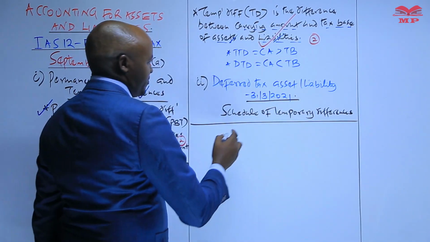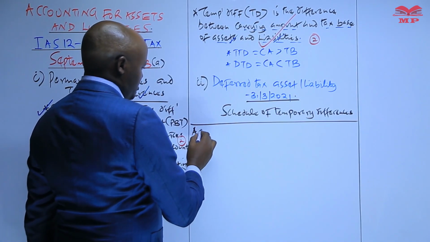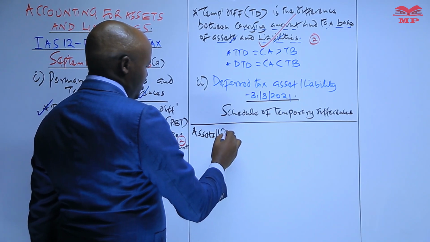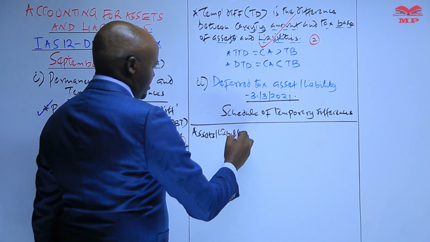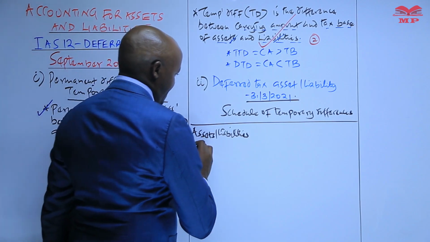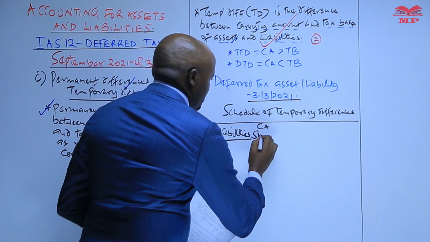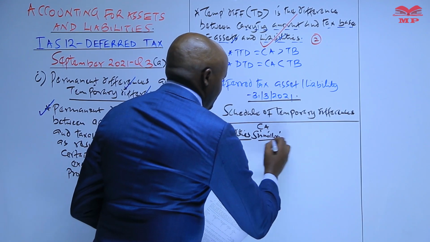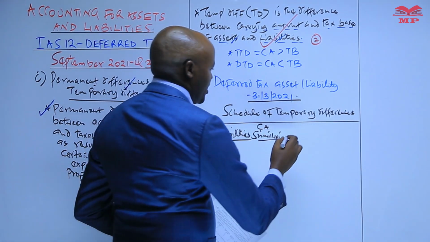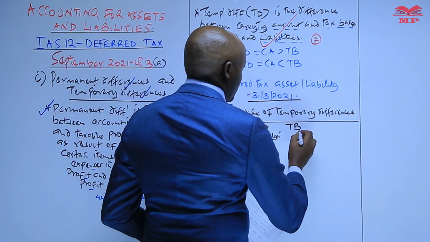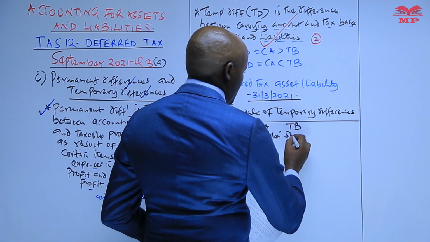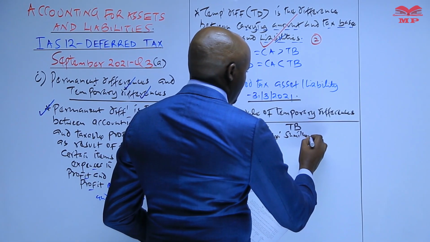So in our schedule here, we need to have various columns. The first column here will be for the various items of assets and liabilities as provided there, which is in million of shillings. So then we have the other column here, which should be for the tax base, abbreviated as TB.